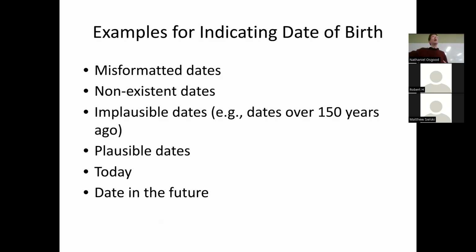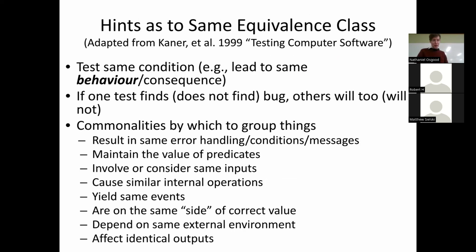Maybe some where December is misspelled or where it's not one of the months. Another is where the date number doesn't exist in that month or something like that, right? Dates in the future, today, as Alex famously said.